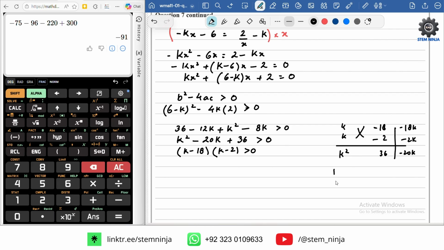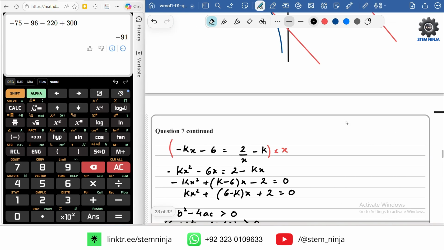So critical points are 2 and 18. The greater than 0 part would be right over there. So therefore k is either less than 2 or k greater than 18.